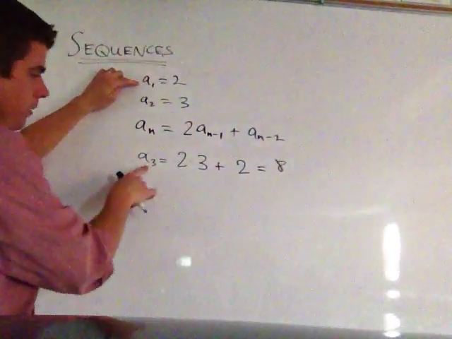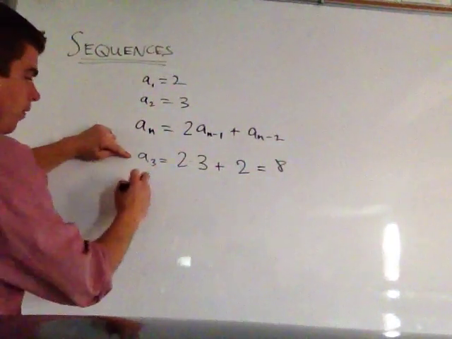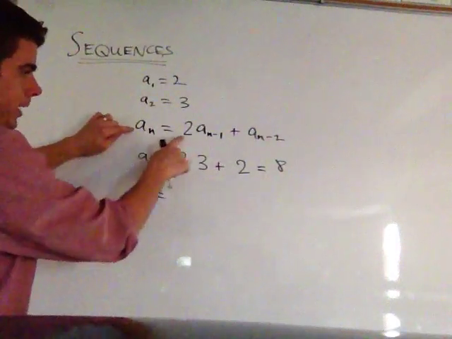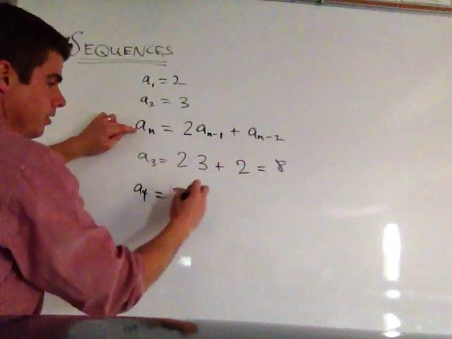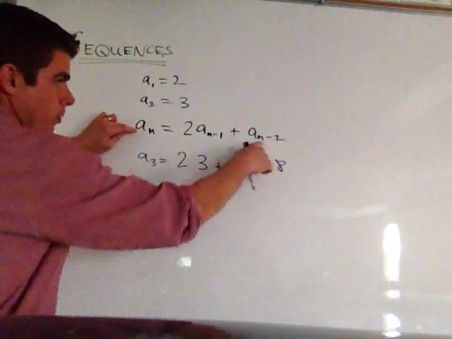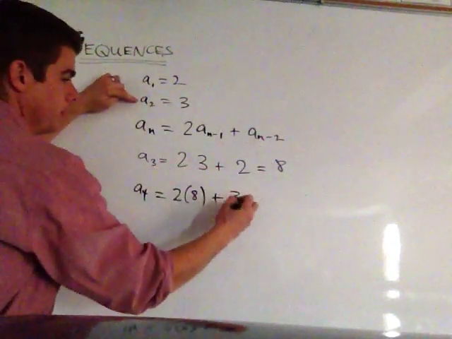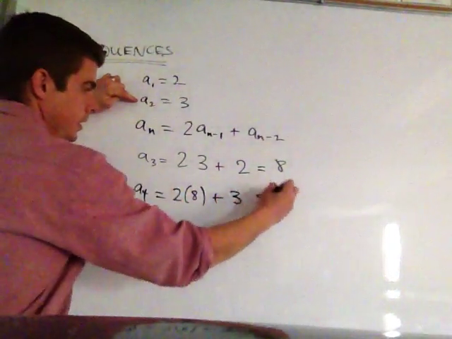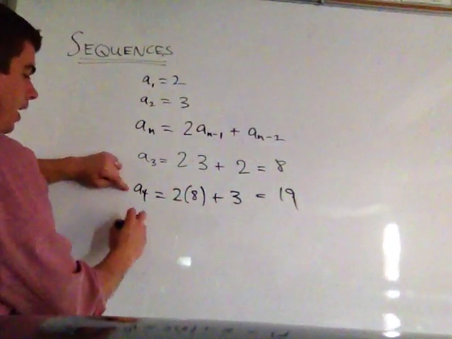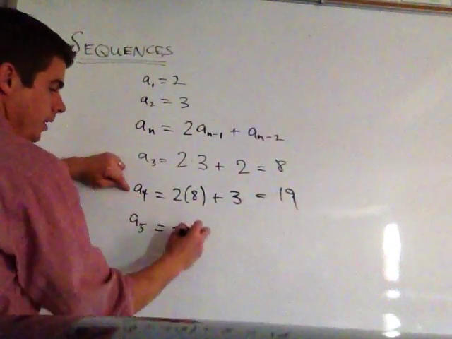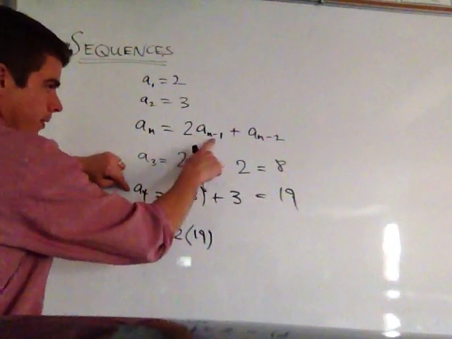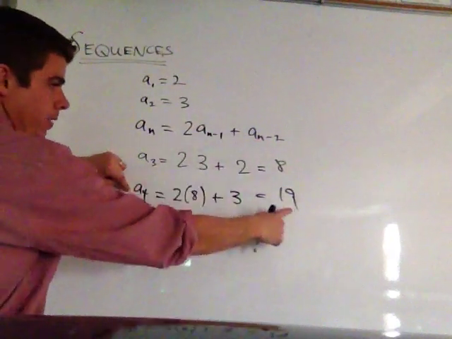Now that I know a sub 3, I can obtain a sub 4. A sub 4 equals 2 times the previous, so 2 times 8, plus 2 before that, a sub 2, 3. 16 plus 3 is 19. A sub 5 would be 2 times the previous, which is 19, plus the one before that, 8.